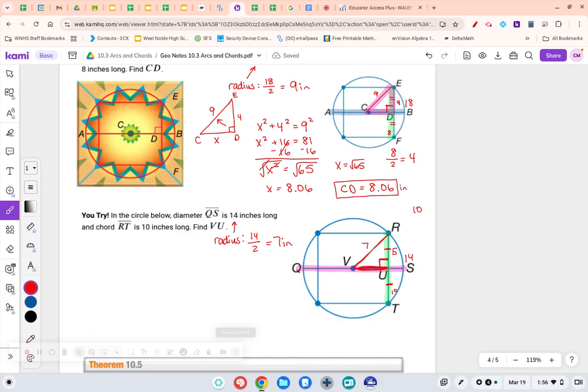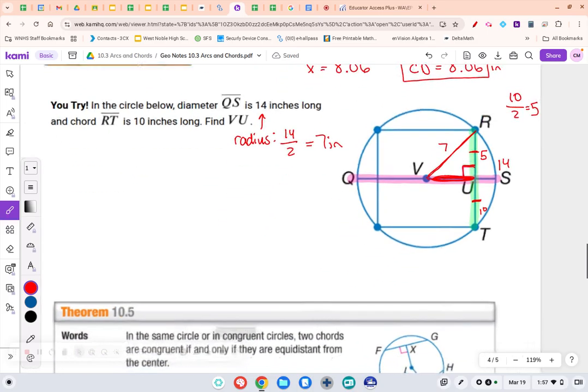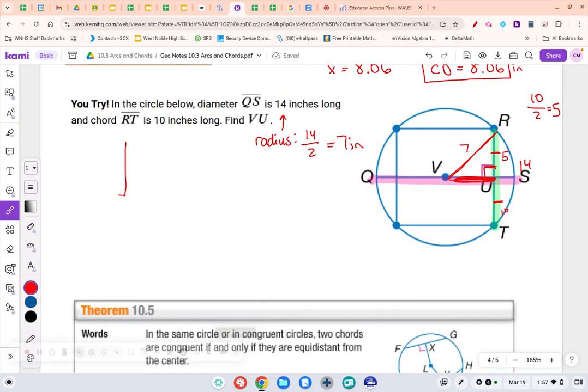Because the whole thing is 10, half of it is 5. So I can draw myself a right triangle. My hypotenuse is 7, one leg is 5. I am trying to find VU, which I'm going to call x.